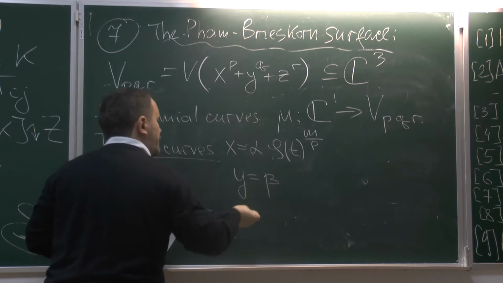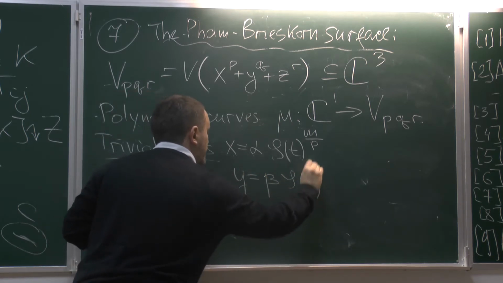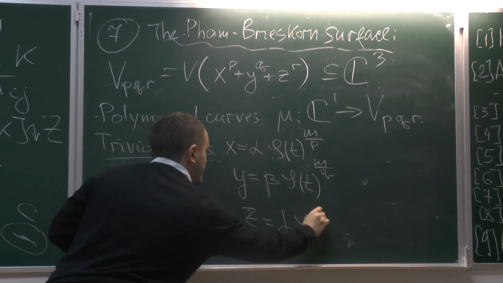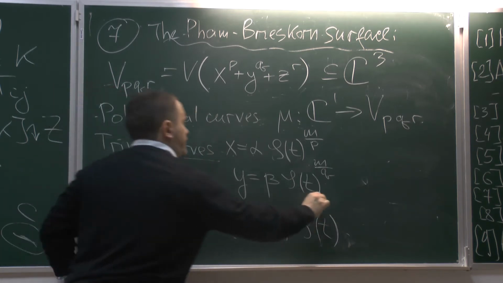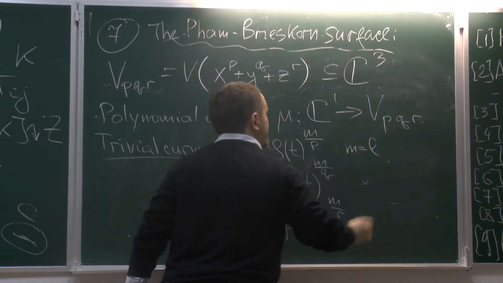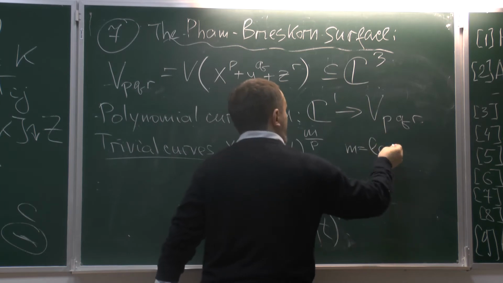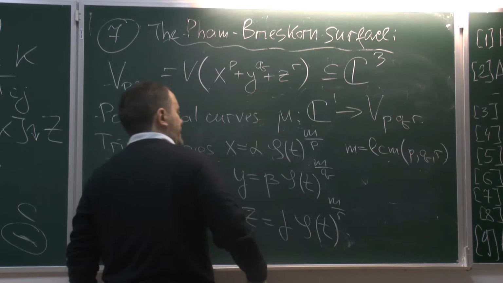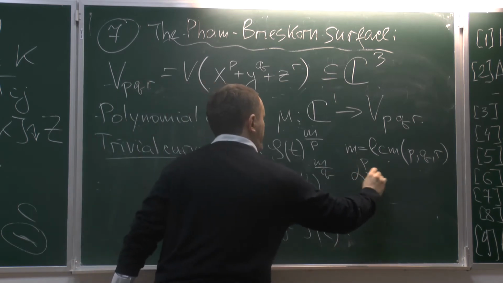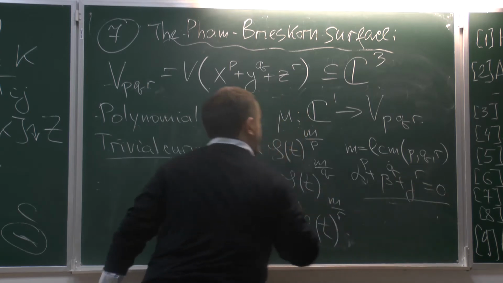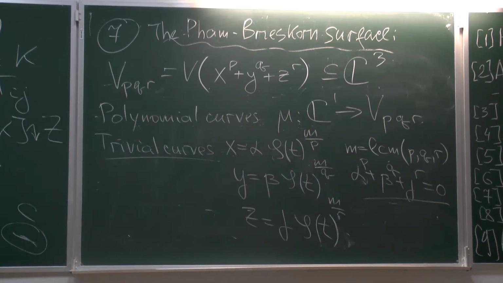Y, some coefficient, the same polynomial to the power m over q. And z, the same, where this m is the least common multiple of p, q, r, and alpha, beta, gamma satisfy our equation. So this is somehow a non-interesting trivial curve.